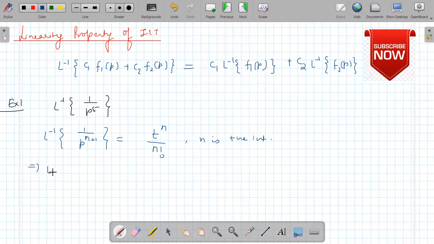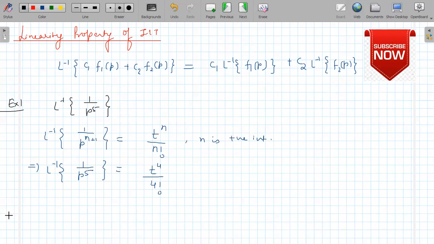This implies Laplace inverse of 1 upon p raised to the power 5 will be equal to, if you convert this in n plus 1 form, n will be 4. So this is equal to t raised to the power 4 divided by 4 factorial. This is the answer, directly by using the formula. No need to do anything.